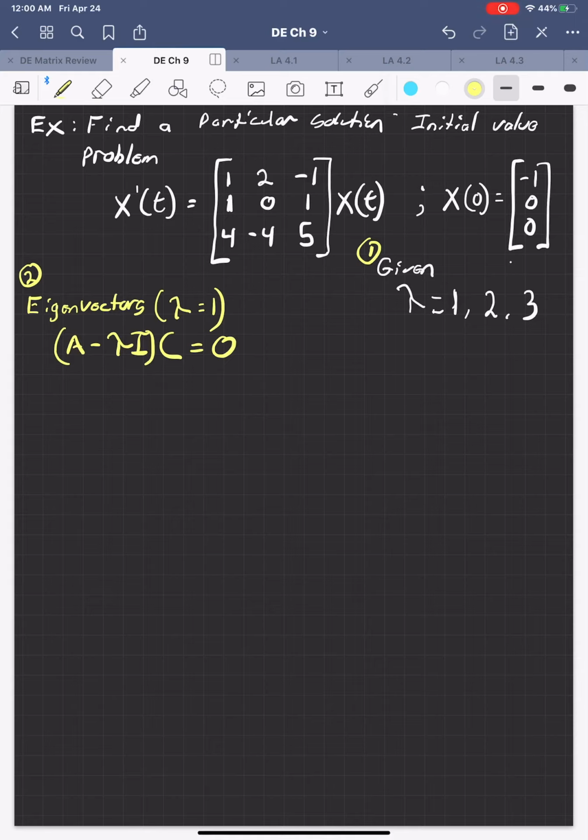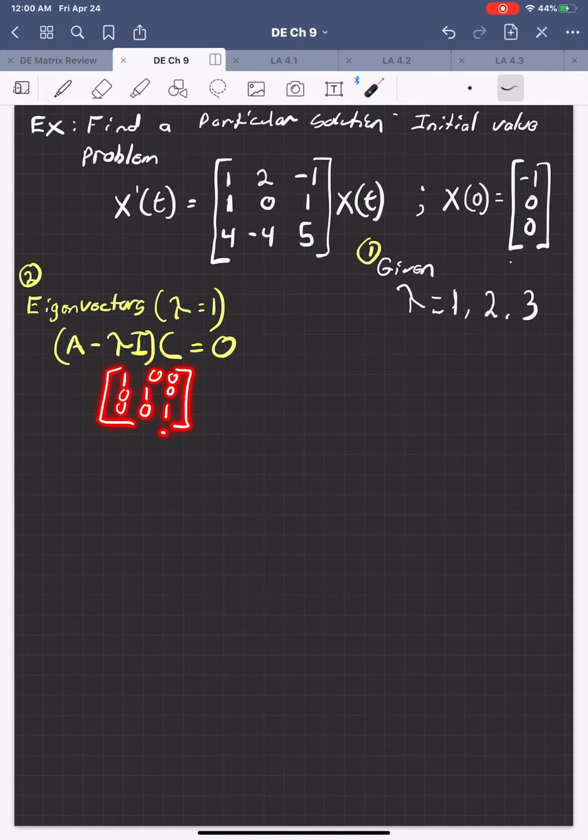Again, I'm trying to just give you a few more looks at this before I go to the next topic. We know the value of A, and we know the value of lambda. This portion right here would be a 3 by 3 matrix with 1s down the diagonal.